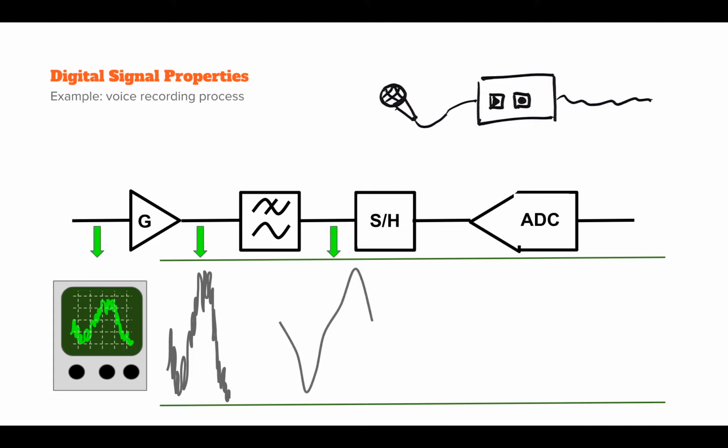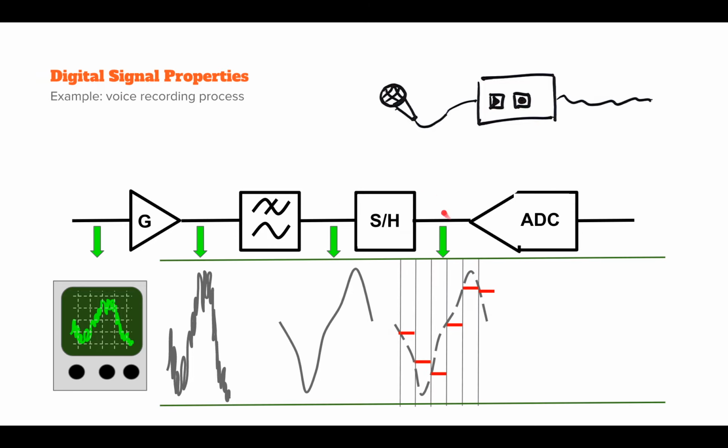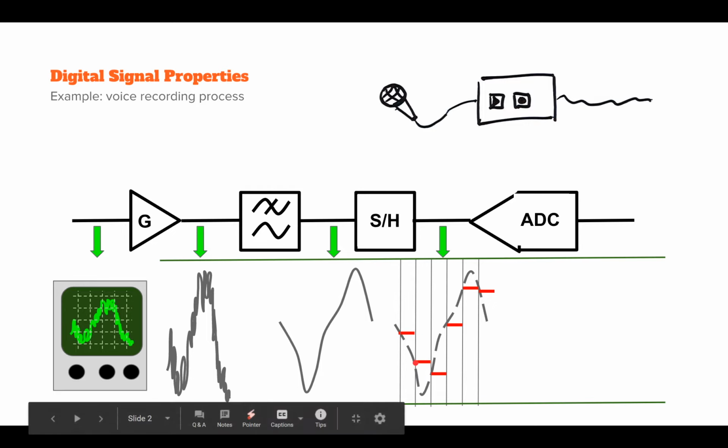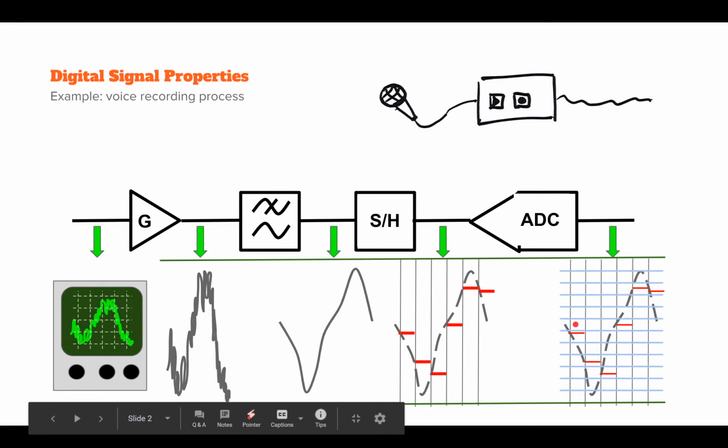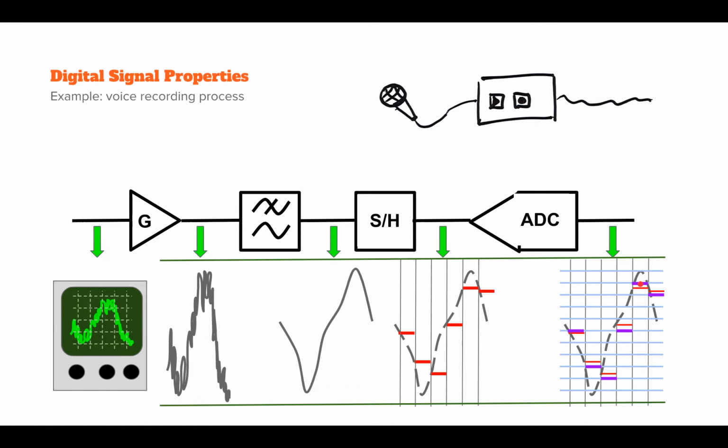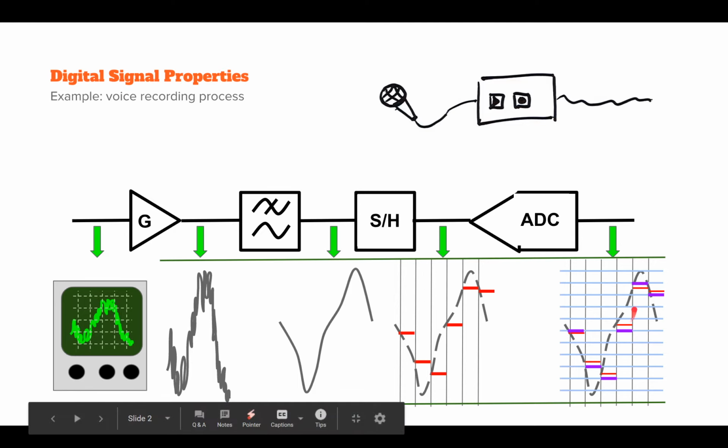Okay, on the next step it should be cleaned of too high frequency noise, and then the sampling happens here on the sample and hold circuit. There you are stopping the signal for the duration of the A to D conversion, and after the A to D conversion it also gives you a small difference, which is the quantization.